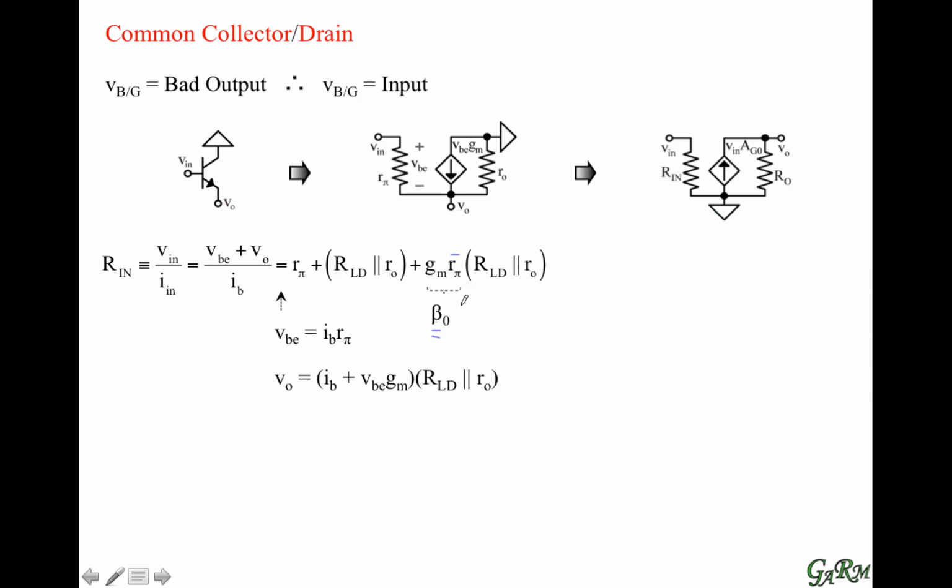So this third term is beta times greater than this parallel combination, and beta is between 50 to 100. That means that the third term overwhelms the effects of the second term. We can conclude that the equivalent input resistance is R pi plus beta times that parallel resistance, which means the input resistance is greater than or equal to R pi.